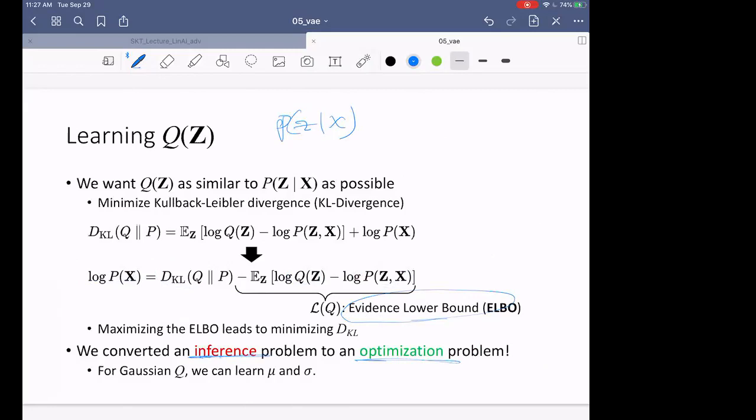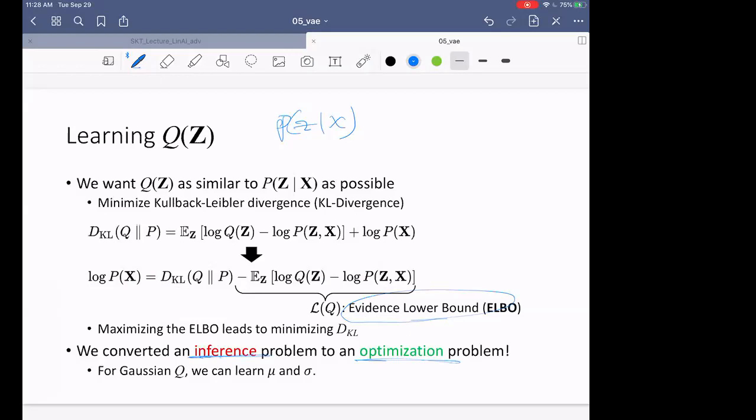If you remember optimization, there's an objective function and you want to minimize or maximize it. If you want to minimize it, you use gradient descent, right? So you can take the evidence lower bound and maximize it, or reversely, minimize the minus ELBO term. So it's an optimization problem now, and it's a pretty neat one.